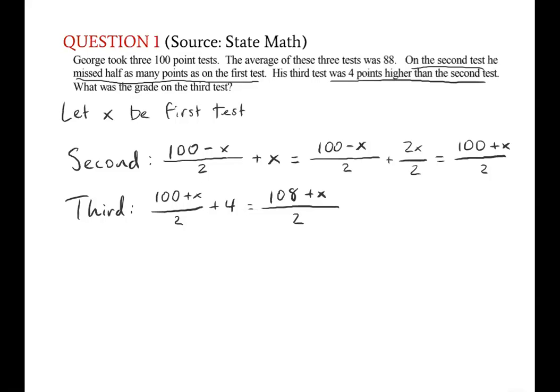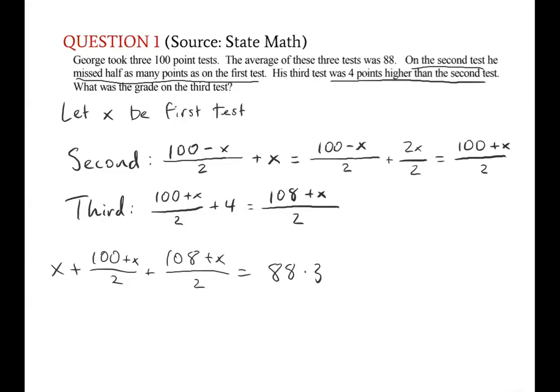Now the average of all 3 tests is 88. So that means that when we add all of his test scores together, they will add up to 88 times 3.